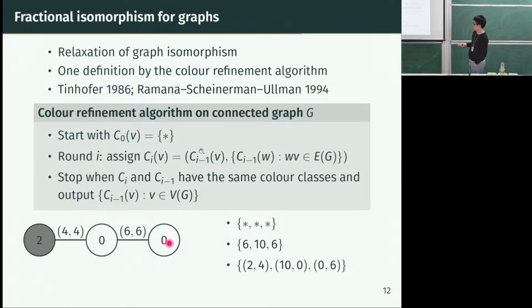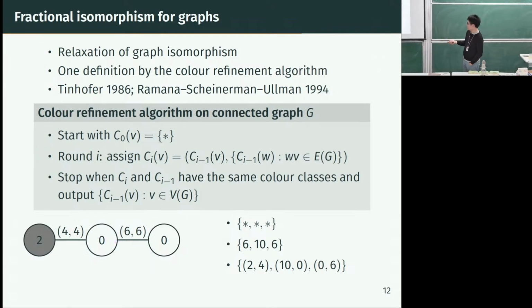Similarly for the second part, I append a multiset of 6 stars, because it has 6 neighbors here and nowhere else. And for the vertices in the third part, I put a multiset of 10 stars, because I have 4 here, 6 neighbors here, and none in here. So using this, we are able to refine the coloring.